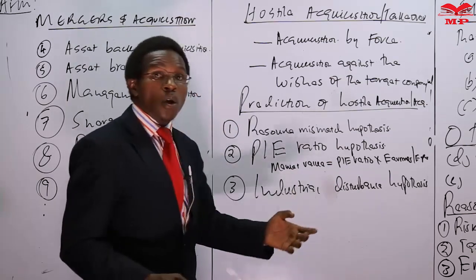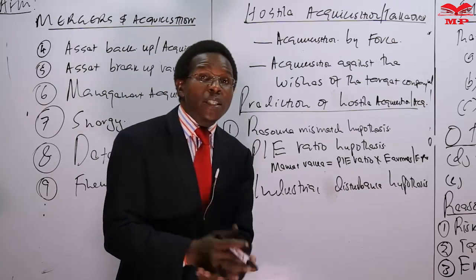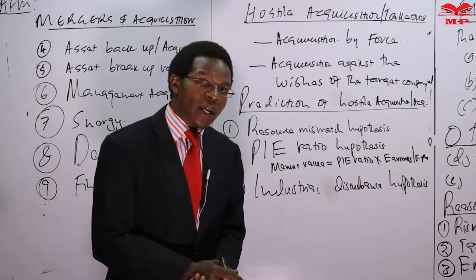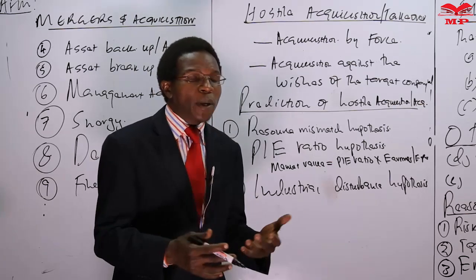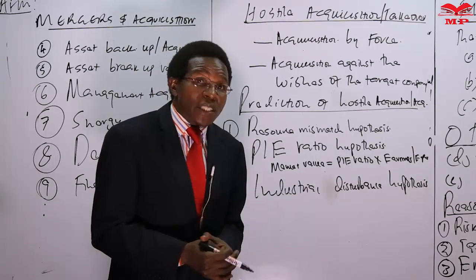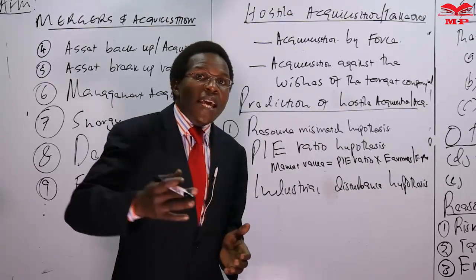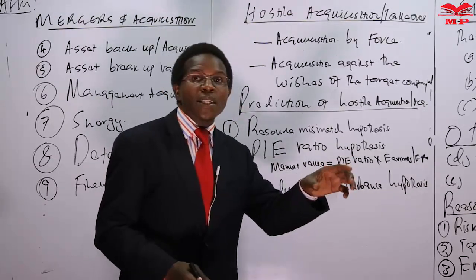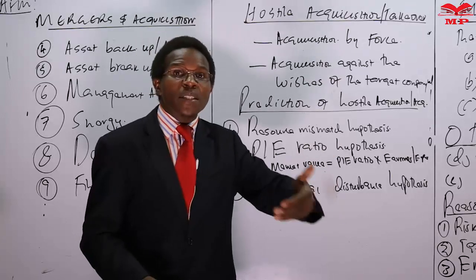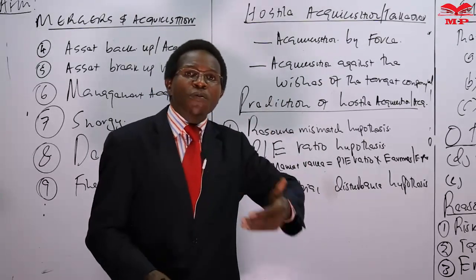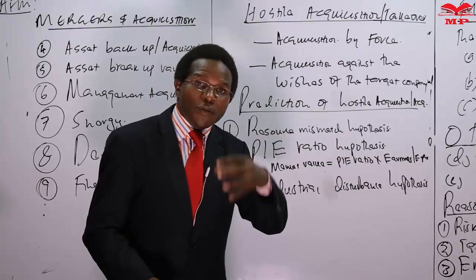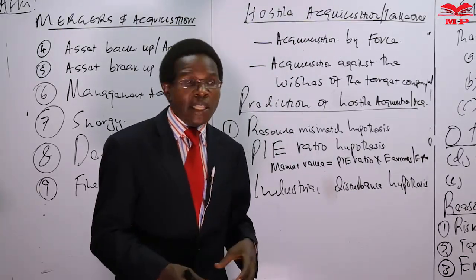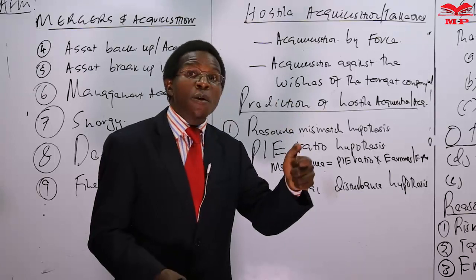For example, the employees may be striking so frequently in one company, or the company may have political interference, unlike the other. So if you realize that company B is experiencing external or internal interference within the industry, then that company can easily be acquired.